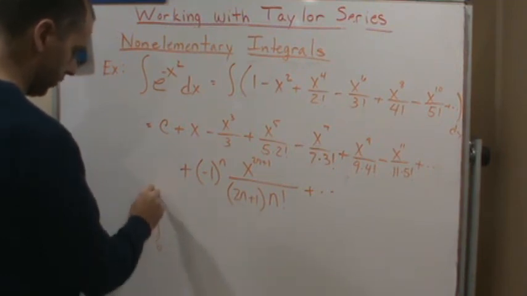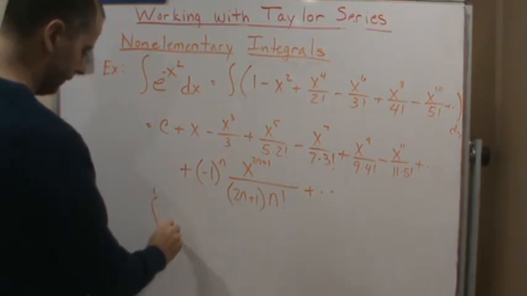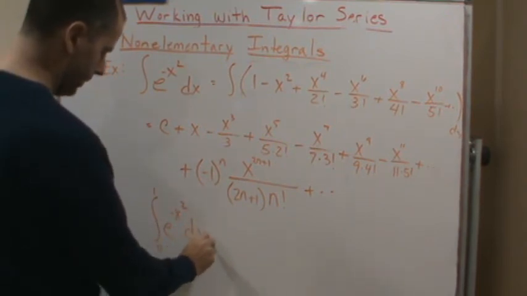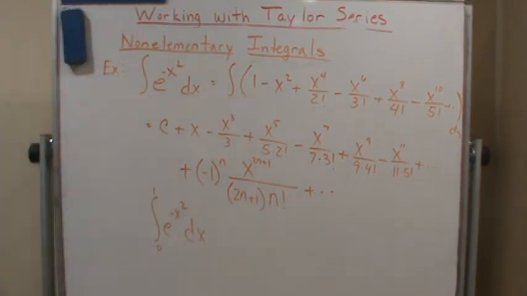We want to go from 0 to 1 of e to the negative x squared dx, and we want to be within an error of 0.01. Or hold on, let me double check. Is it 0.01? Yeah, 0.01. So we want the error to be less than 0.01.